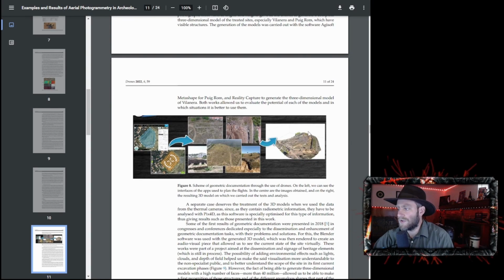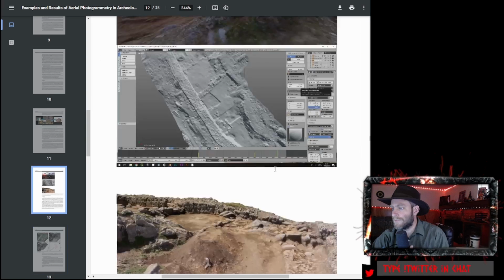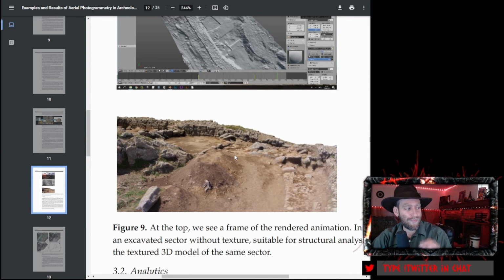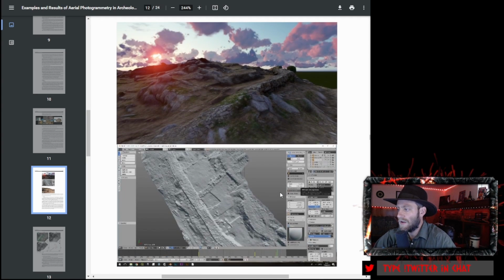Let's get down to the part that I wanted to show you guys here. These images, this and this, are 3D recreations of sites using the photographs that they took. This right here is a 3D model render, digitally recreated, of what the site looks like.